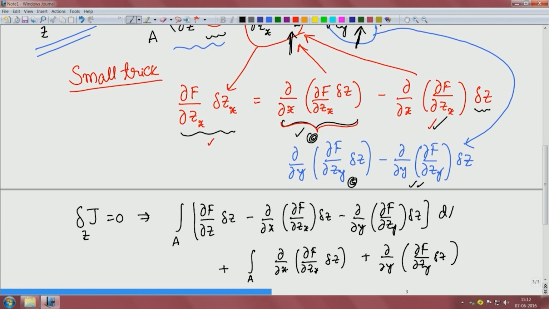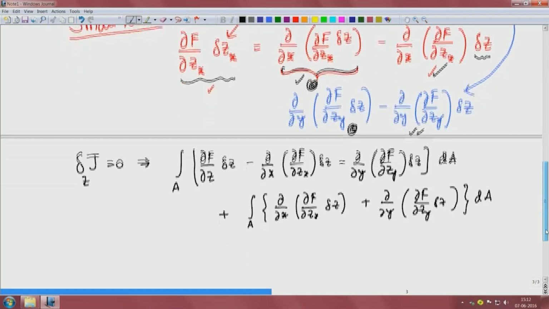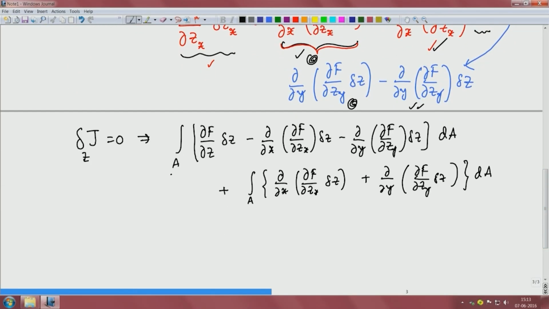So, this will be dA here, likewise we will have dA there. Okay. Both are still integrated over the 2-dimensional, arbitrary domain, but the first term, if you see, these are all delta z.